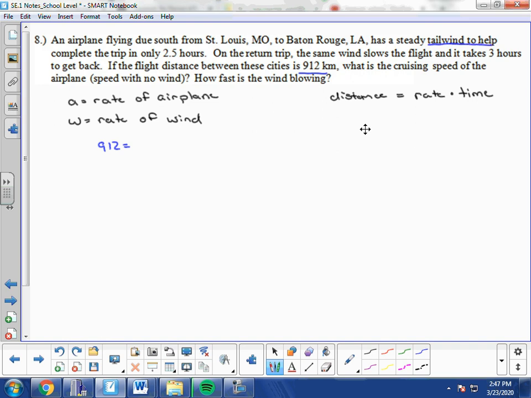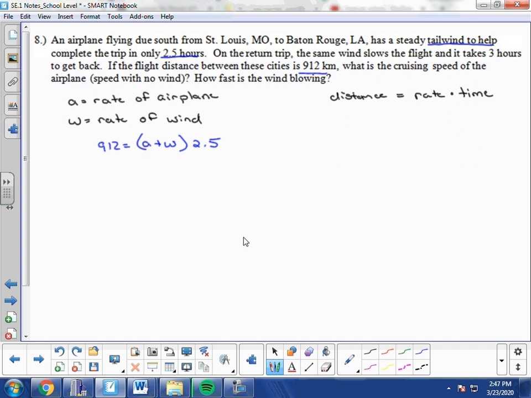So the rate is going to be how fast the airplane moves plus how much the wind is pushing it. The time on that trip is 2.5 hours. So we take distance equals rate times time to come up with this equation. 912 the distance, the rate is A plus W because the wind is helping, times the time, 2.5.